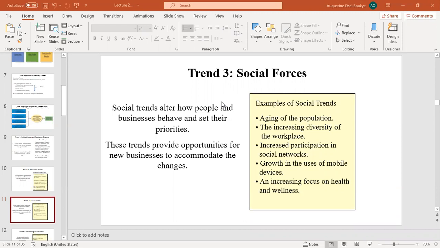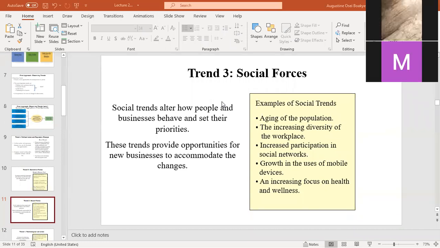The same issue can be said about increasing diversity at the workplace. And when we talk about diversity, we are basically referring to the degree to which the workforce of an organization or in a community of practice will be heterogeneous. To what degree is the workforce of a particular community of practice heterogeneous?